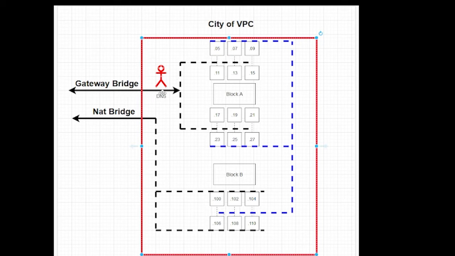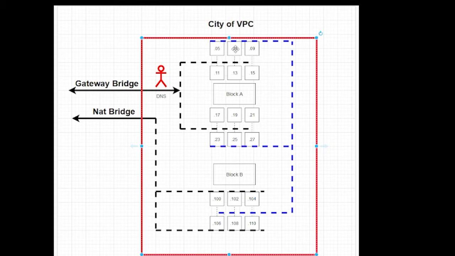So if I type in MrZ.com, MrZ.com is going to point you to the gateway bridge and it will directly point over to right here, the 0.5 address. And that's how this works, and this is all within a subnet, or what they sometimes call a block subnet. This is specifically called a public subnet, where all of these addresses have publicly available addresses. So that means all of these can be found on the internet.